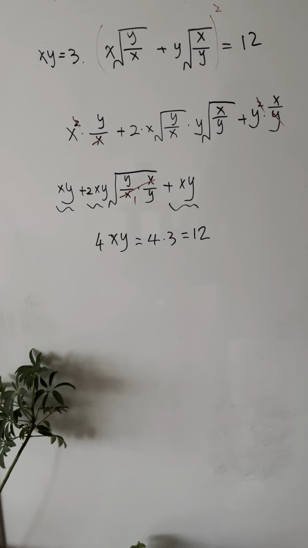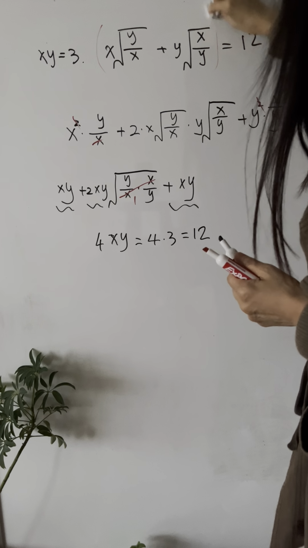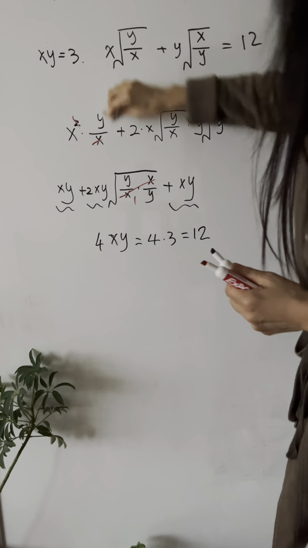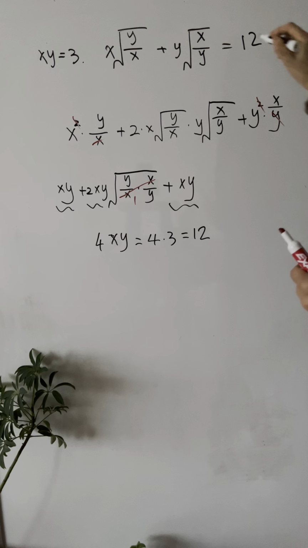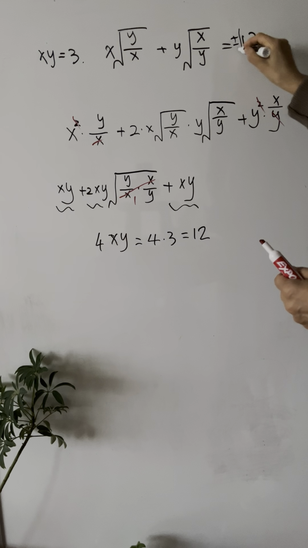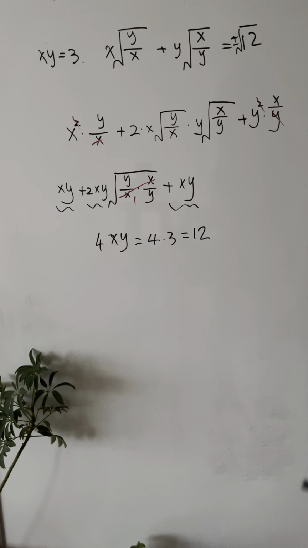That means this one without the square, we get positive or negative square root of 12. The square root of 12 can be simplified, right? 12 is 4 times 3. Square root of 4 is 2. So this is plus or minus 2 radical 3.